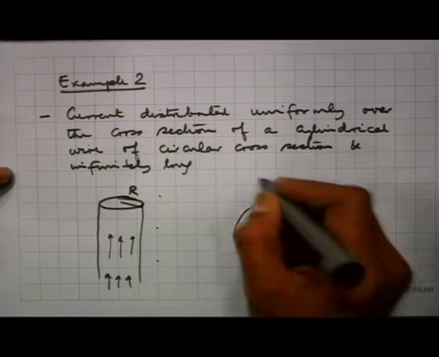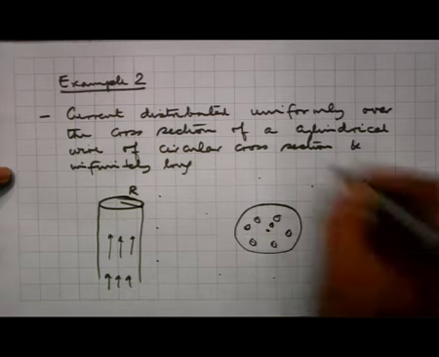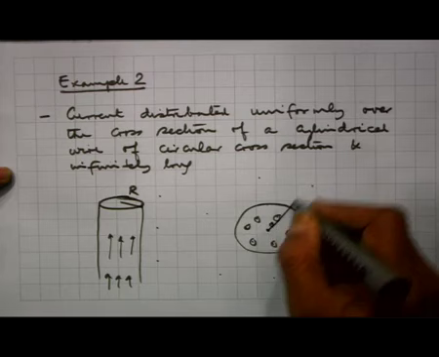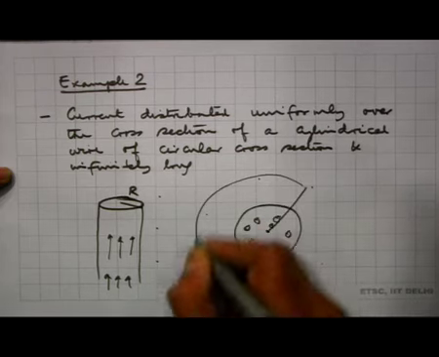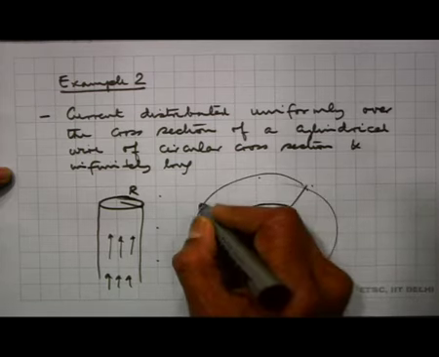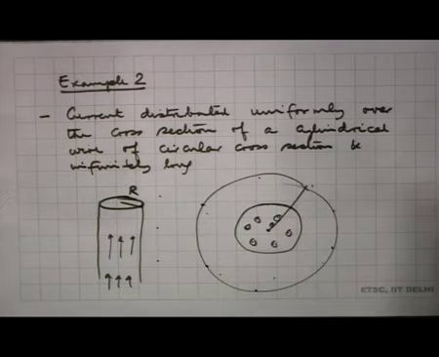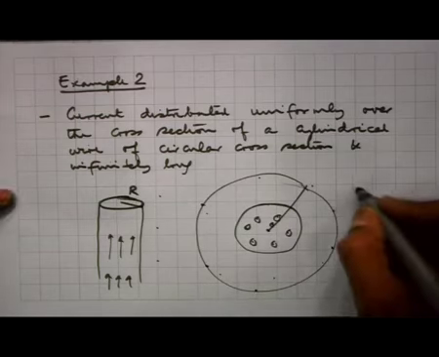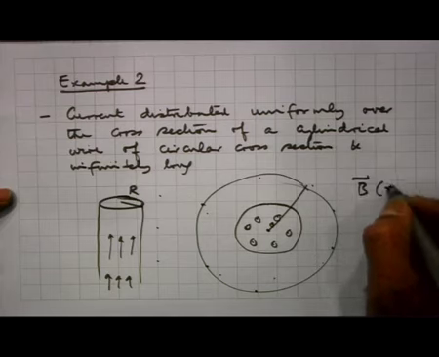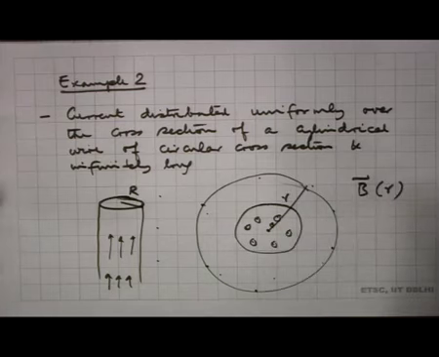That means it will be the same everywhere as a function of angle. If I take a certain distance and calculate the magnetic field at any point along the circle, it has to be the same, because there is no difference between this point and this point. So, it cannot have a phi dependence. So, magnetic field can only have an r dependence, the distance from the center of the wire.